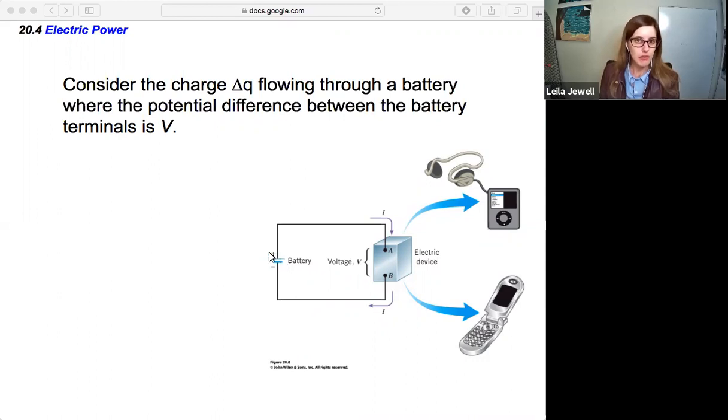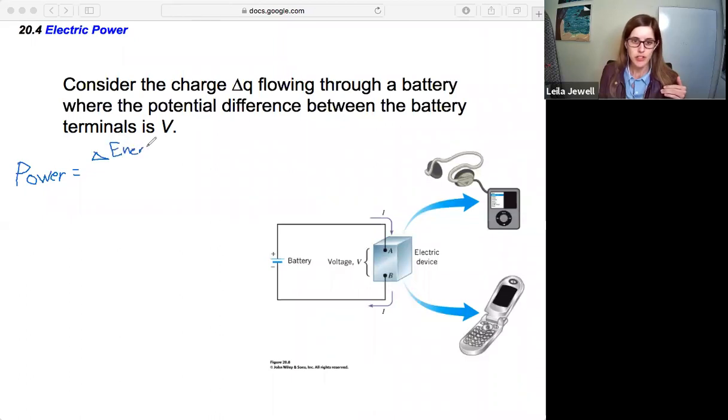All right. Now, if we want to connect this to power, it'll help us to first remember what is power. So how do we define power, at least from 2A, as a basic idea? Well, remember, power is energy over time, specifically a change in energy over a change in time.